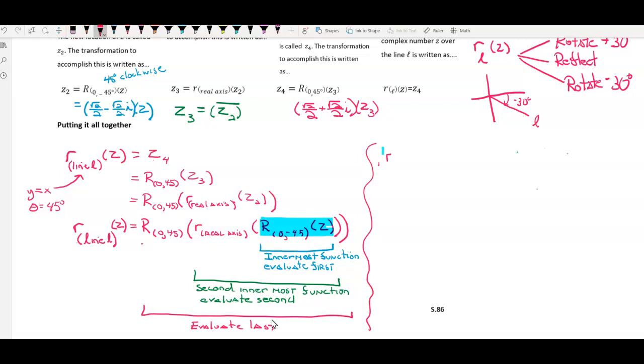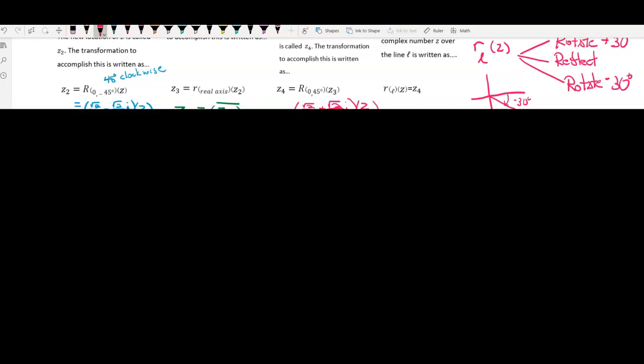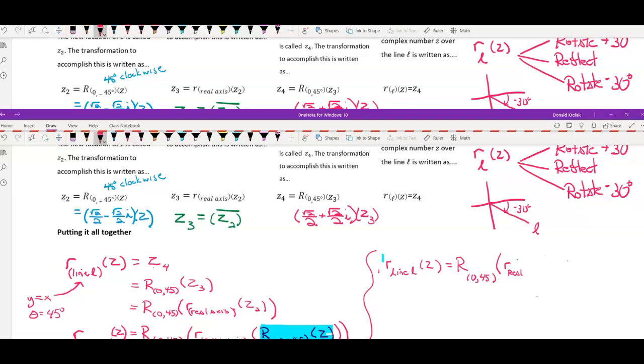So this would be R, line L, of Z equals R, origin, 45, parentheses, little r, real axis.